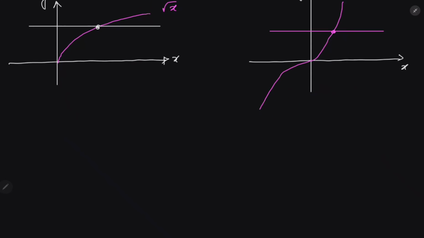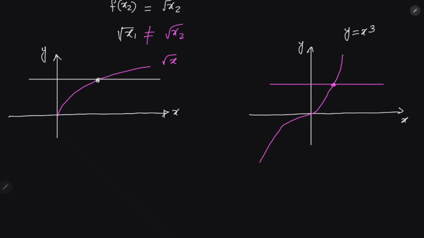Let me take a look at another example where the function is not one-to-one. Graphically, we can see an example of x square. This is y is equal to x square.